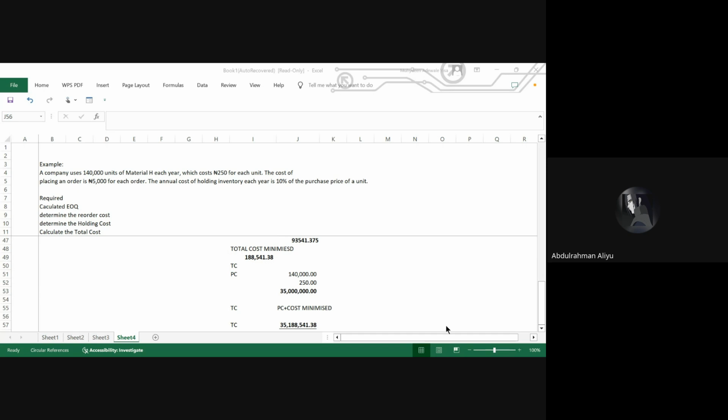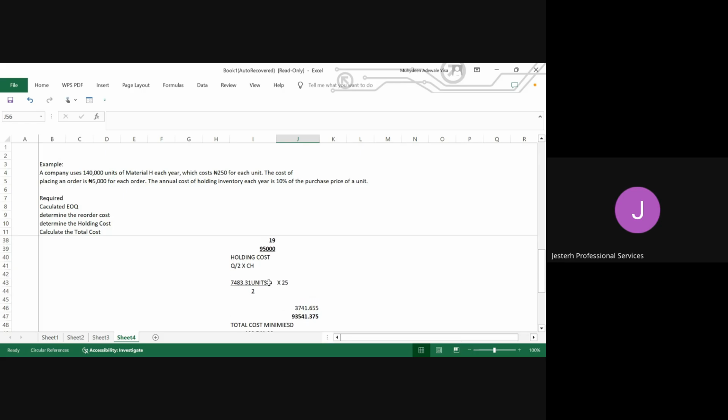Sir, please, how do you get this total cost minimized? Okay. For you to get the total cost minimized, or the total cost at which an organization needs to incur to bring their materials into the stores, you determine your reorder level costs plus your holding costs.